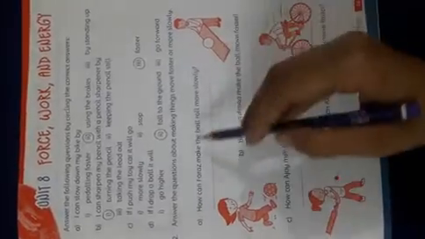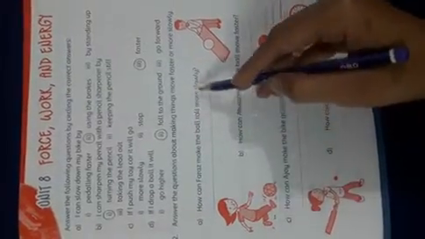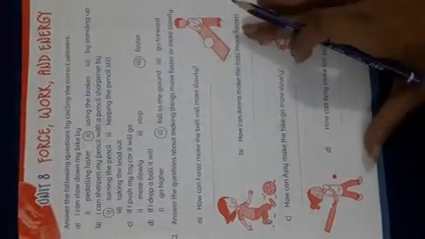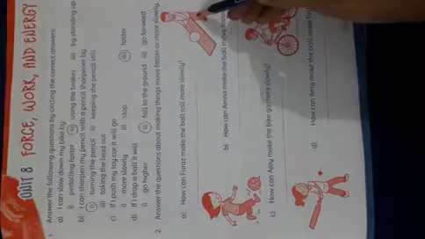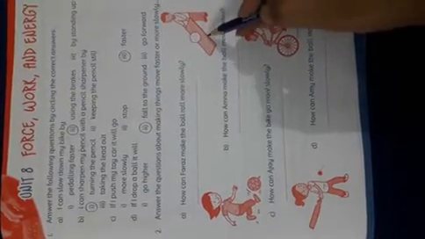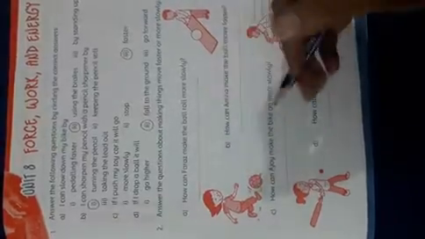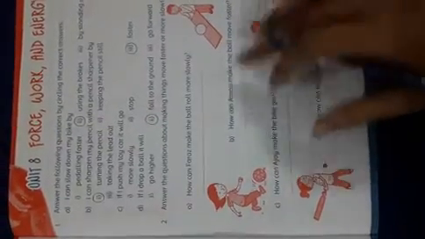He wants the ball to roll more slowly. How can he do that? He can do that by slightly lowering the plank. By doing so, the ball will roll slightly and it will go more slowly.